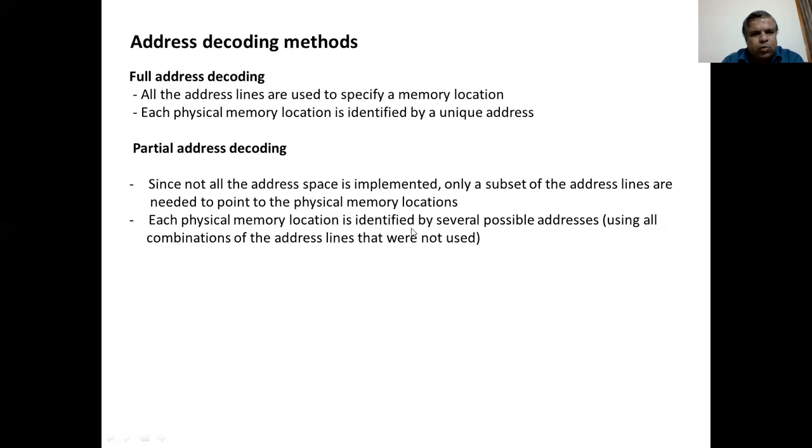These few address lines are used to select the memory device, and each physical memory location is identified by several possible addresses, using all combinations of the address lines that were not used. So only a few address lines are used to decode the memory address, and the remaining address lines are unused in partial address decoding.